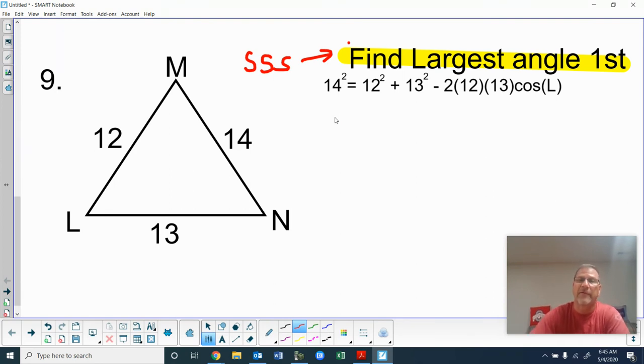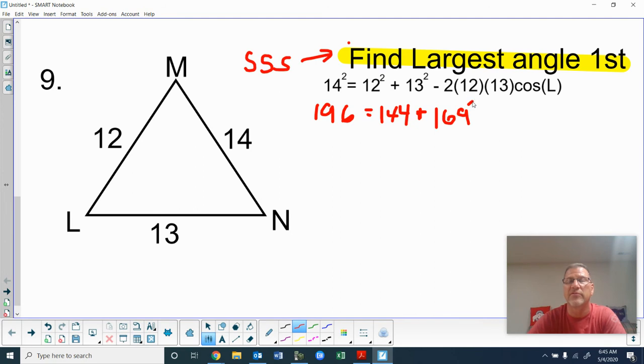So when you do that, put that in your calculator. 14 squared is 196. Okay, if you don't believe me, do it in your calculator. 12 squared is 144. And 13 squared is 169. My writing's not very good on this Monday morning.